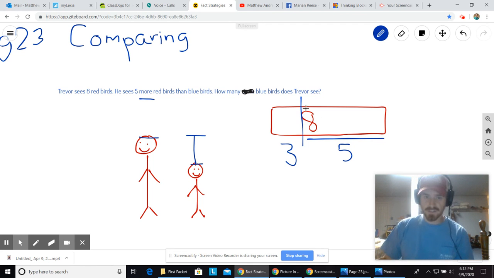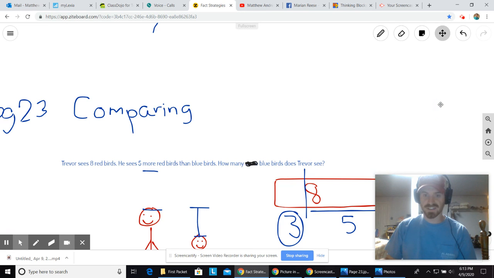Now, I know that because if he saw 8 red ones and he saw 5 more red ones than blue ones, 8 would have to be 5 more than 3 for this to be right. So 3 plus 5 is 8. And that proves that. Since 3 is 5 less than 8, or 8 is 5 more, then my answer would have to be 3. Okay. So in that case, I use subtraction. 8 minus 5 is 3.